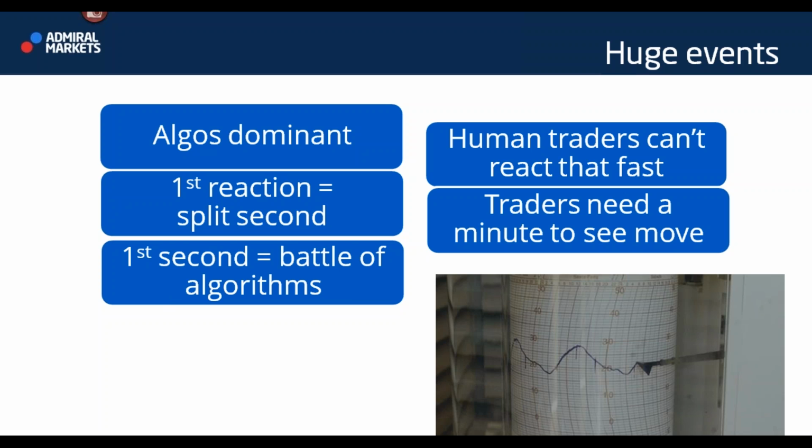Unless you are the type that likes to make algorithms and enjoys that programming work, that's not going to be simple, I would say, but it could be one way to go. But as human traders, we can't react that fast. So we basically need to give time for the event to settle down. We need to at least see a 1 minute candle, because everything within that minute is just rapid.